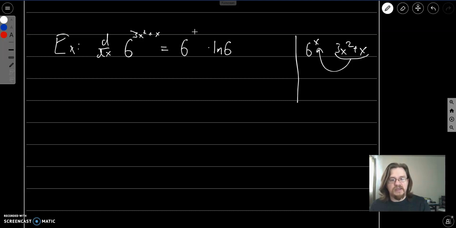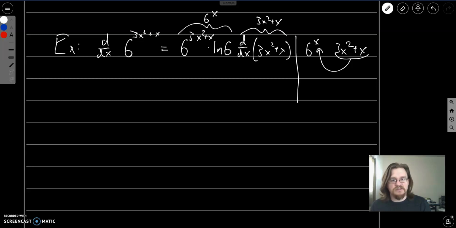However, I have to plug back in my inside function. So it's going to be 6 to the 3x squared plus x, and then all of this is going to be times the derivative of the inside. So again, what I have out front looks like the derivative of 6 to the x, because that's my outside function, and the rest is the derivative of 3x squared plus x, which is the inside function. Cool, so let's simplify this.